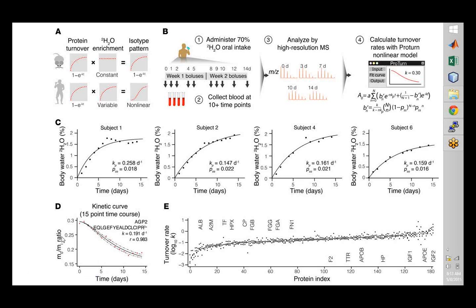So if you've been giving an organism heavy water for 7 days, and on the 7th day you take a sample, we can still use our model to calculate the turnover rates, because we know just from the periodic table the initial relative abundances of all different isotopes for carbon, oxygen, etc.